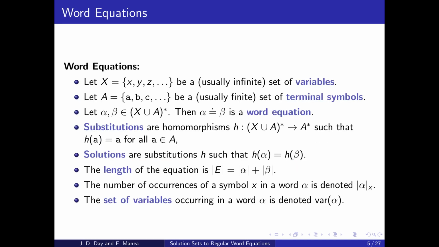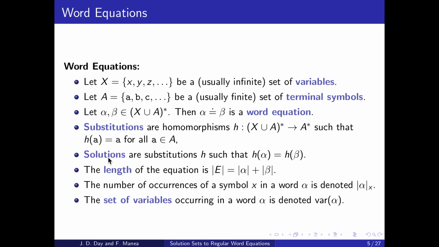More formally, we have a set of variables X, and usually I'm taking letters from the end of the alphabet to denote variables, and a set A of terminal symbols, where I'm usually taking letters from the start of the alphabet, A, B, and C, and so on. A word equation is a pair of words over this combined alphabet of variables and terminal symbols. A substitution is a homomorphism from the combined alphabet to the terminal alphabet such that it acts as the identity over the terminal symbols.